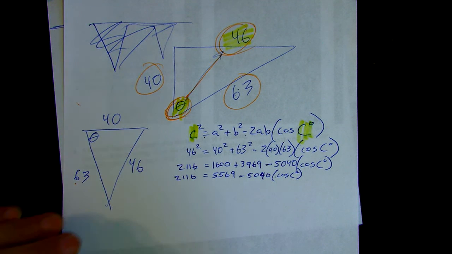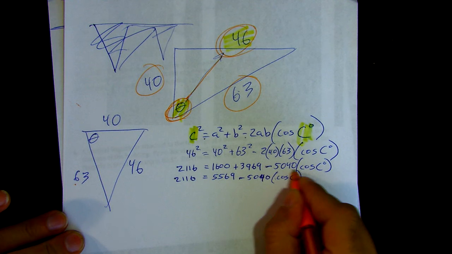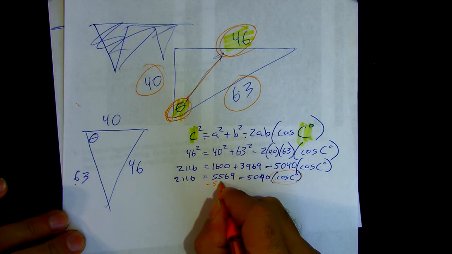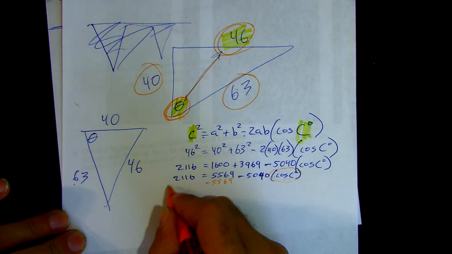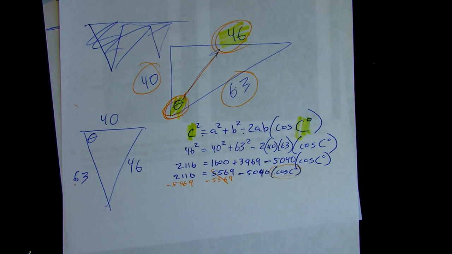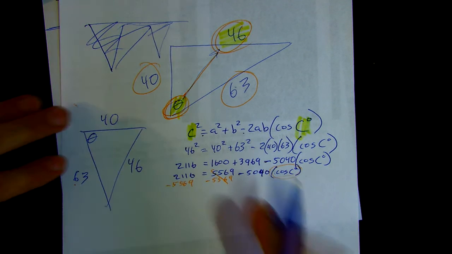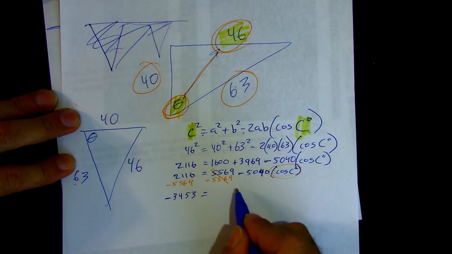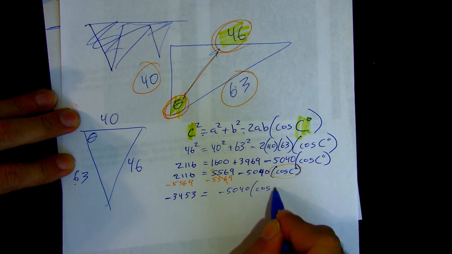This is just isolating so that this over here is by itself. So I'm just going to start by subtracting this over. So 2116 minus 5569. So we get negative 3453, and that's all equal to negative 5040 cosine C degrees.